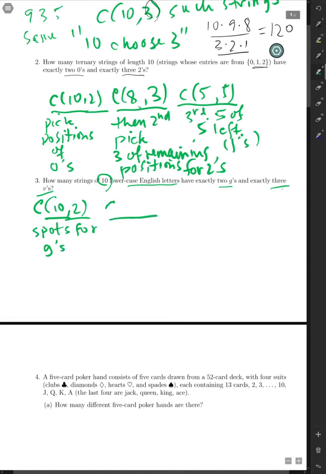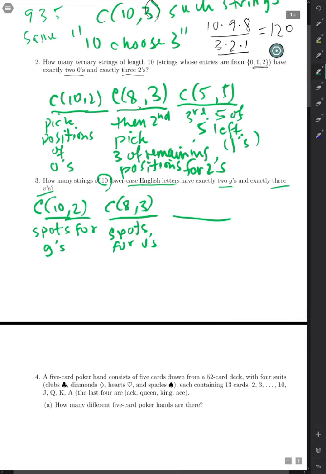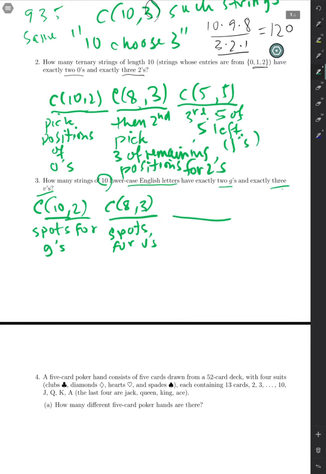And then of the remaining 8, 3 of those will be chosen for the V's. I could have chosen the spots for the V's first and then the spots for the G's. It'd be the same number. Now, in this case, the remaining entries aren't specified, because they can be any of the other lowercase English letters.